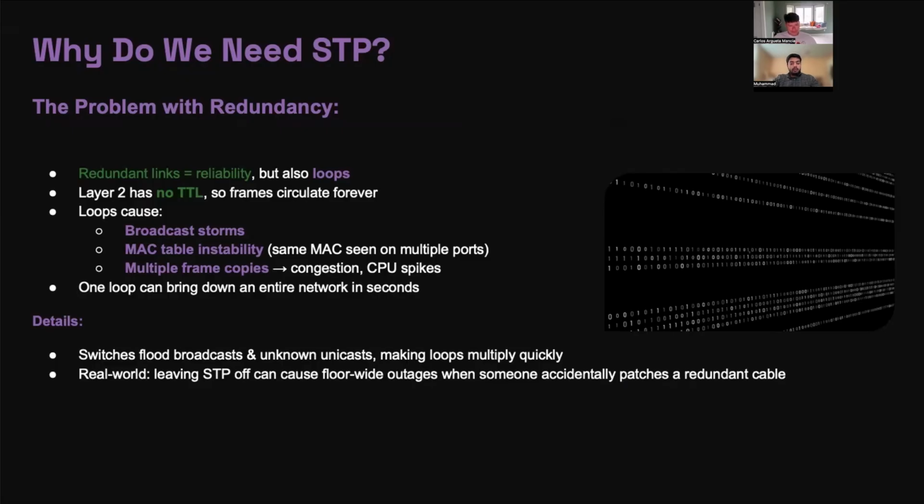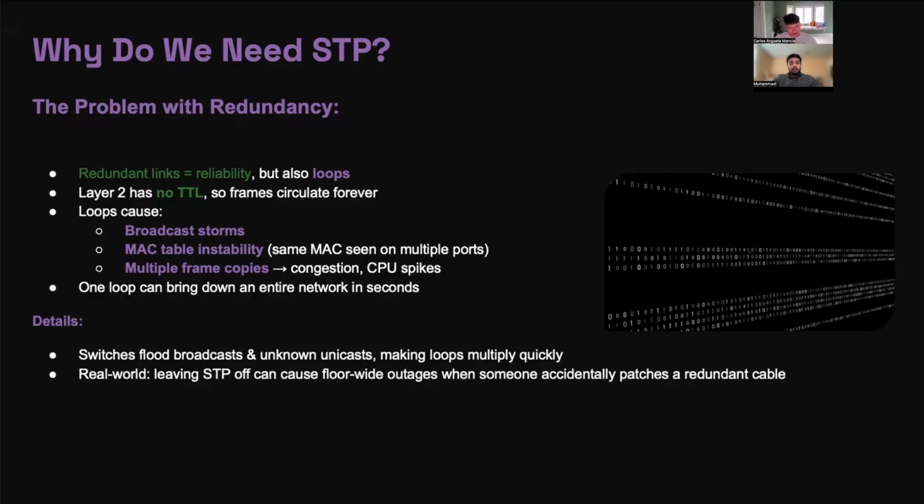It also creates multiple frame copies, so there is more congestion and there are CPU spikes, because the processing is so fast that when a loop happens, the CPU usage goes crazy.